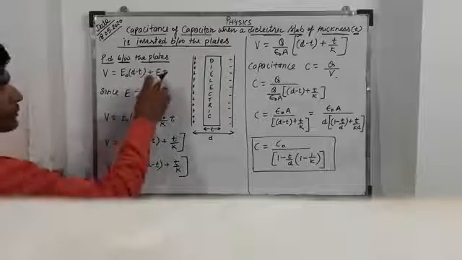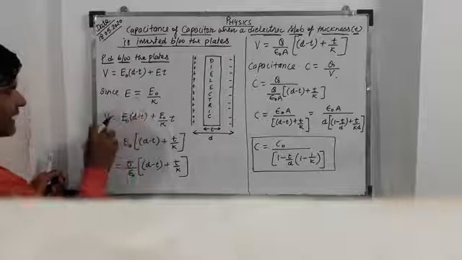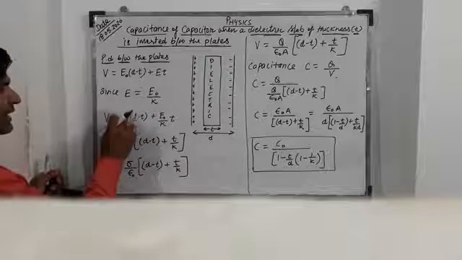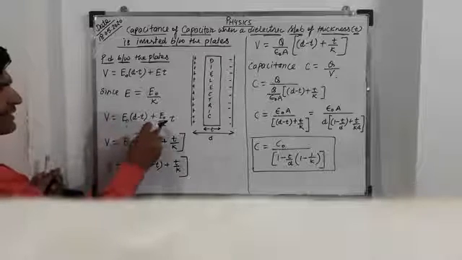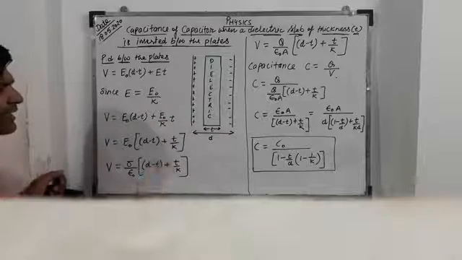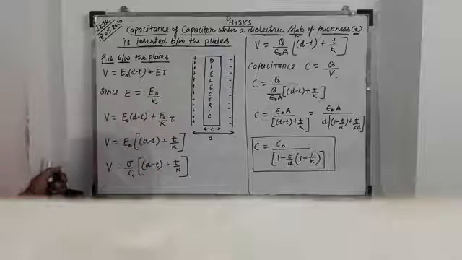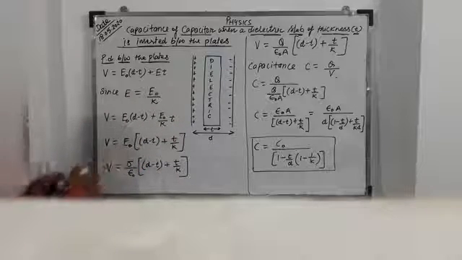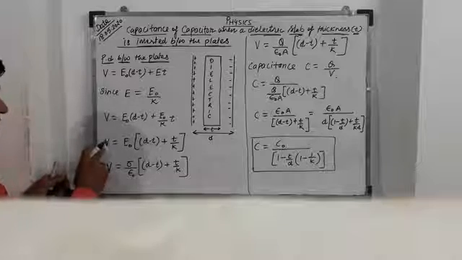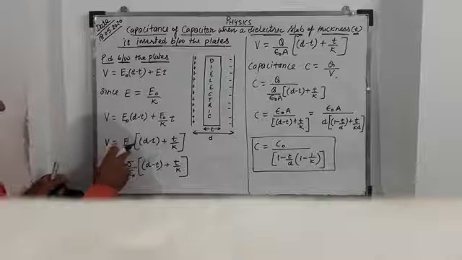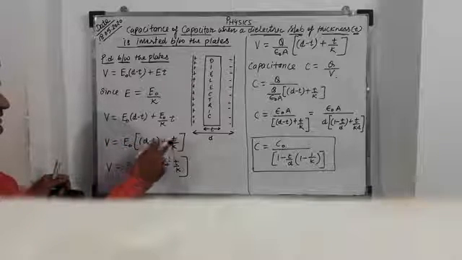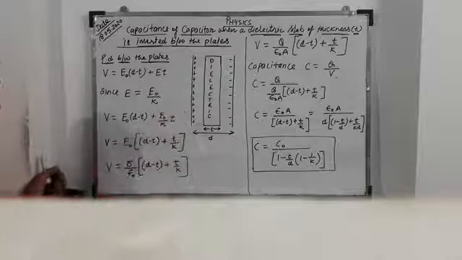Put the value of E, we get V is equal to E naught into d minus t plus E naught upon k into t. As E naught is common, it is taken out. Then we get V is equal to E naught into d minus t plus t upon k.